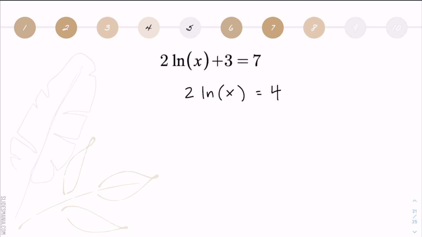Now, this is 2 times natural log, so I'm going to divide both sides by 2 to get natural log of x equals 2. And then the inverse of natural log is base e, which leaves me with x equals e squared. And because I don't want to round a decimal, I'm going to leave my answer as just e squared.